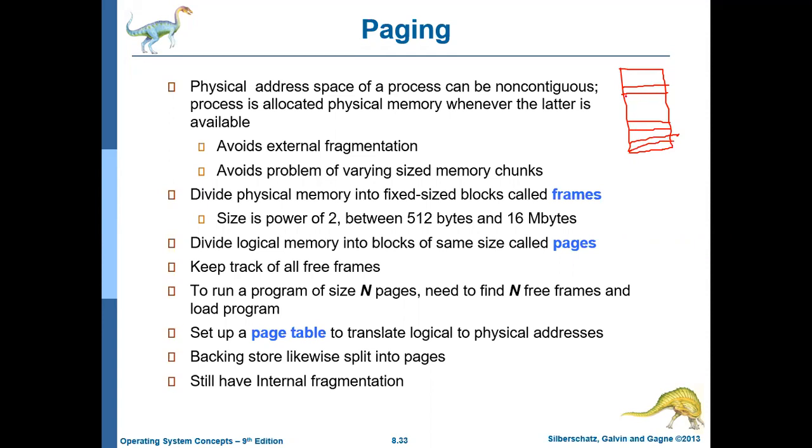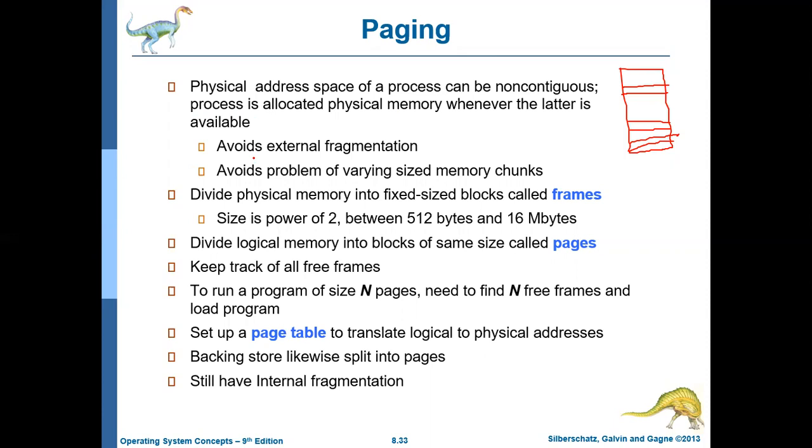These memories may be non-contiguous. In the concept of paging, we are not using contiguous memory locations. Here the processes may be stored at non-contiguous locations. A process is allocated physical memory whenever it is available. Whenever a process requires some memory, then it will be allocated to that process.